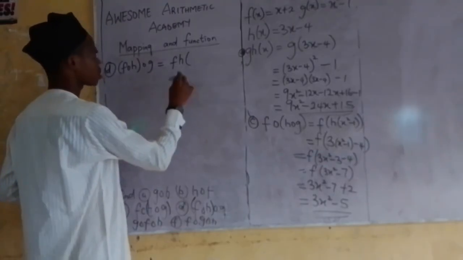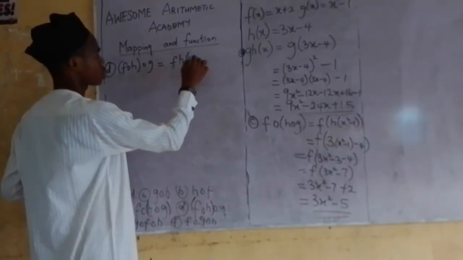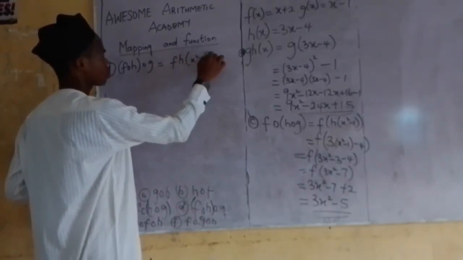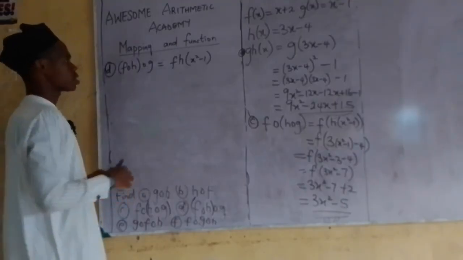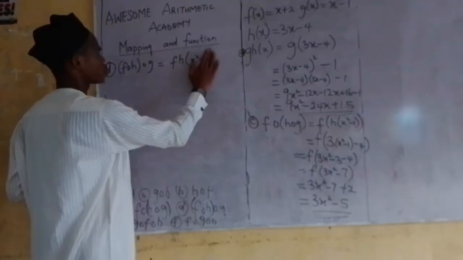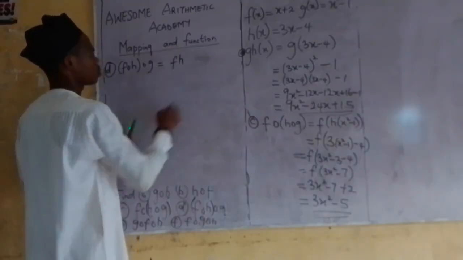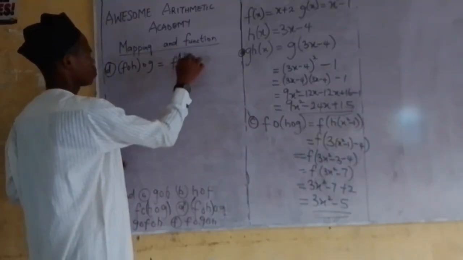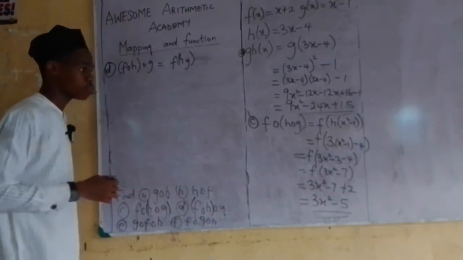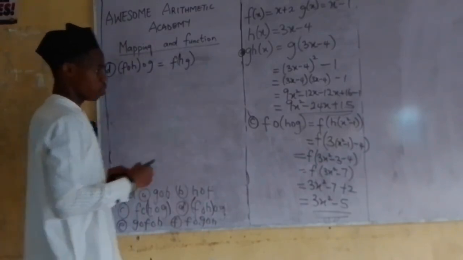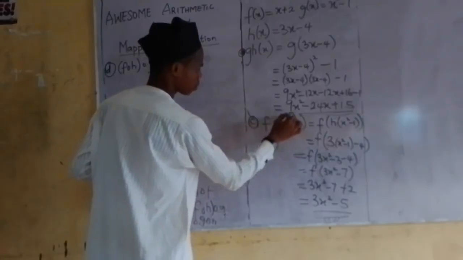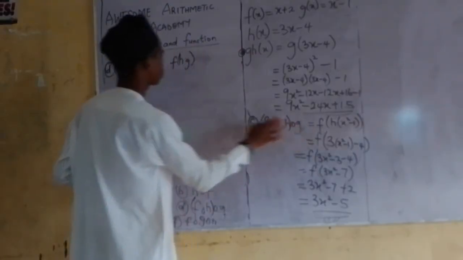What is g of x? g of x was x squared minus 1. So now I can still leave this one and just do, okay, let's do it this way. f h of g, yeah, this is what I was meant to do. That one I saw was actually for f of h of d.